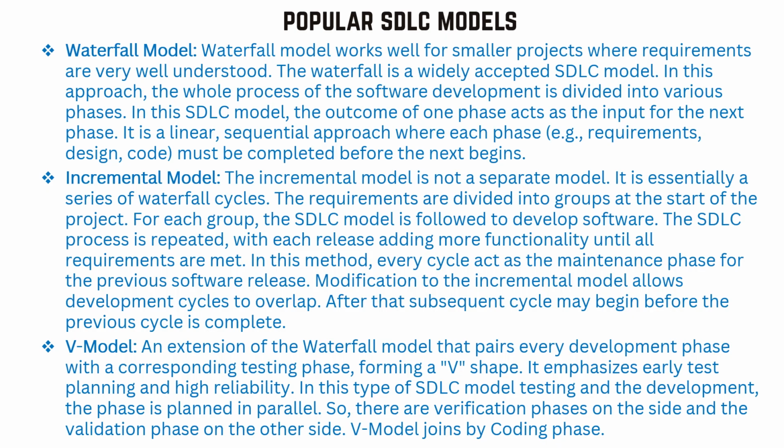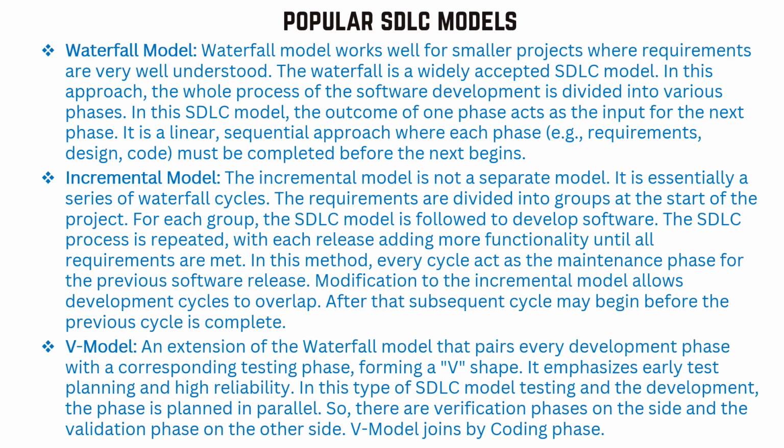Then the V model is like the V, right? The alphabet letter V. It is an extension of the waterfall model that pairs every development phase with a corresponding testing phase, forming a V shape. It emphasizes early test planning and high reliability. In this type of SDLC model, testing and development go in parallel.